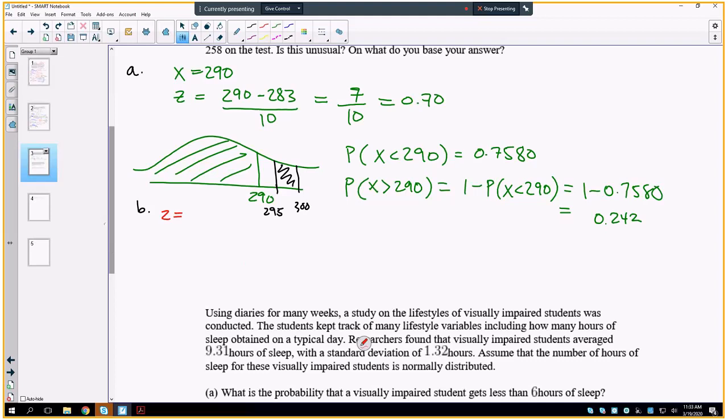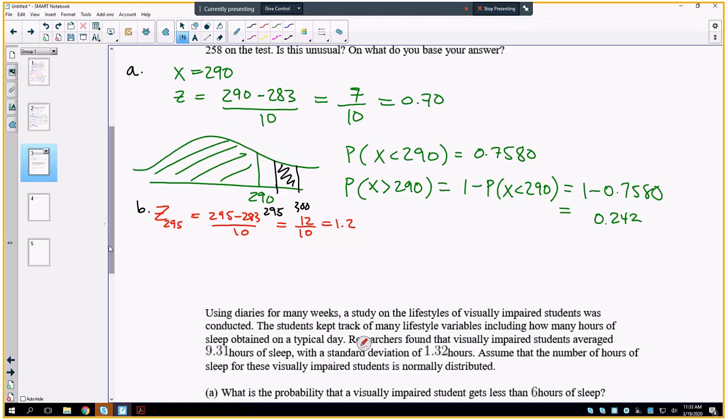When we're talking about the z-score for 295, and sometimes when you're calculating more than one z-score in a problem, to help you keep track of them, it might be helpful to write z subscript 295, so we know that this is the z-score corresponding to 295, and similarly I'll do z subscript 300. So that's 295 minus 283 divided by 10, which is 12 divided by 10, which is 1.2.